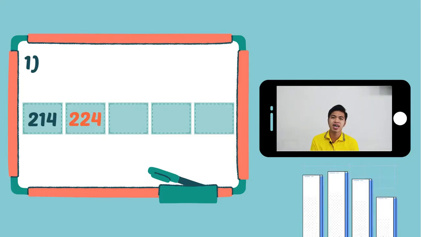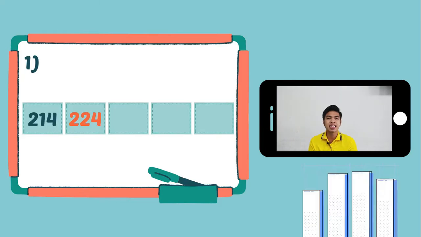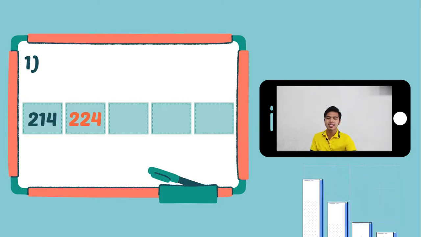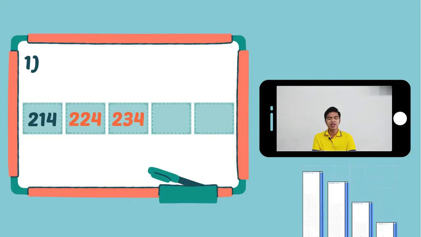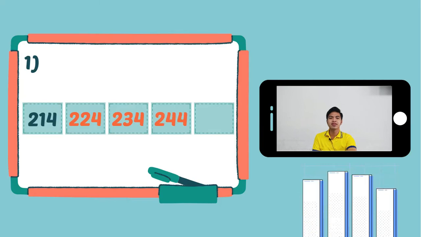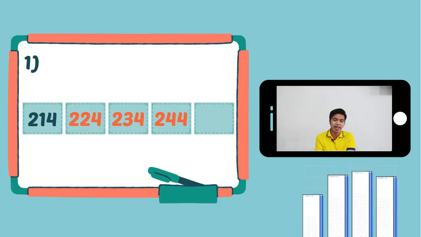And then we will find out the next number by adding 10 again. Okay, so let's add 10 again to 224. So what do you think the result will be? Okay, it is 234. And then the same thing again, we will add 10 to it, and it will become 244. And lastly, the same thing, because this is a pattern, so that means that we will do the same thing again and again.